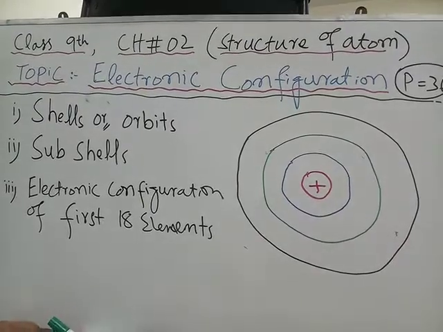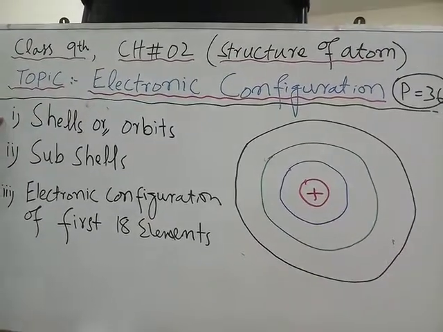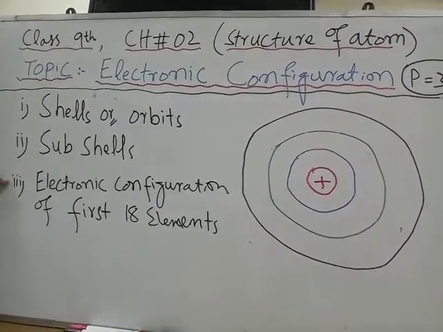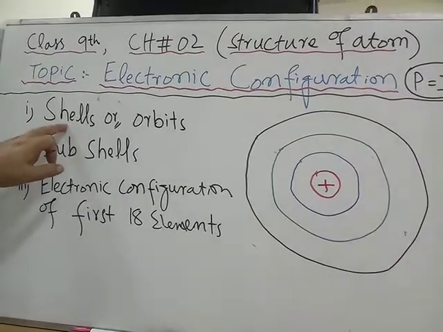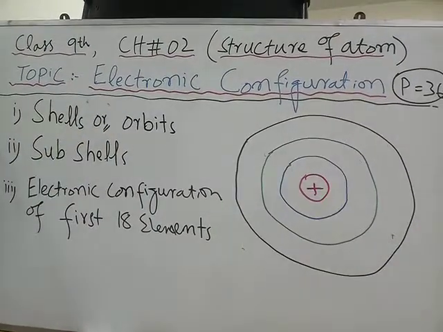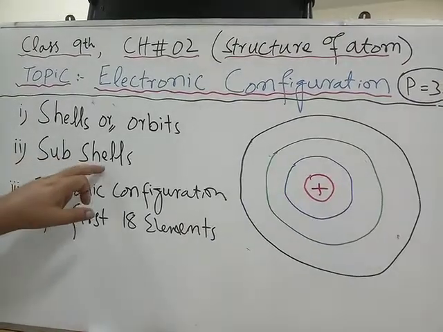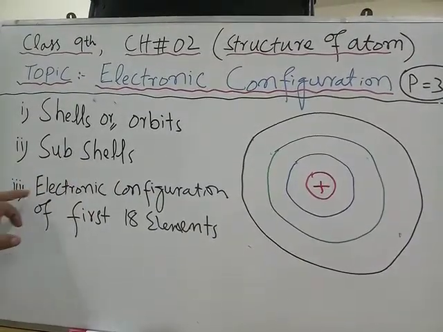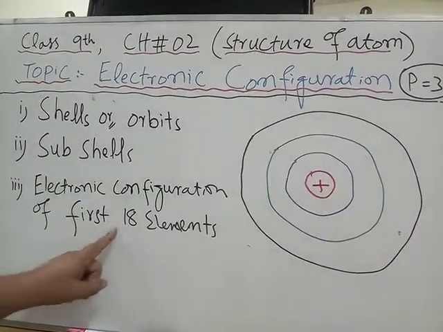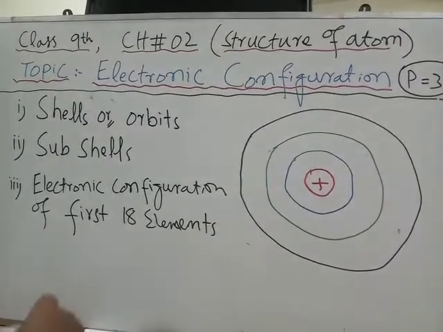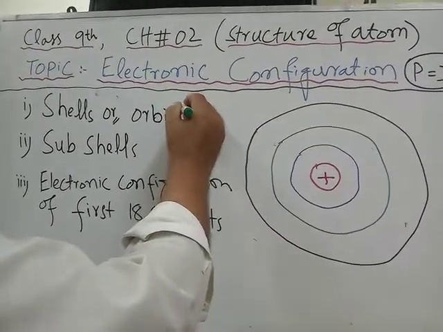This topic is further divided into three subtopics. One is shell, also called orbits. The other is subshells, and the third is the electronic configuration of the first 18 elements. So let us start with the shell.